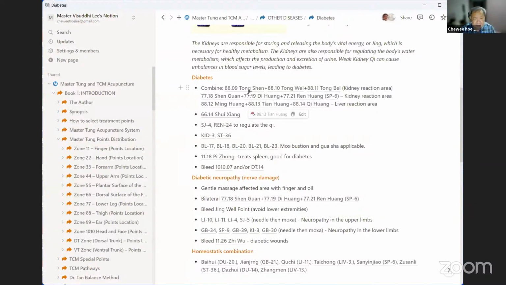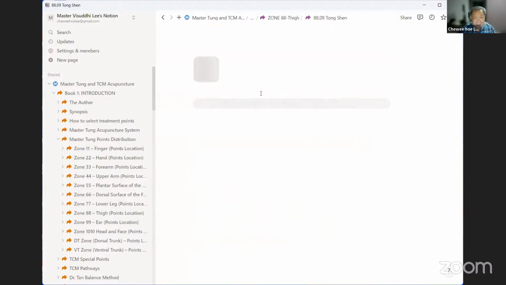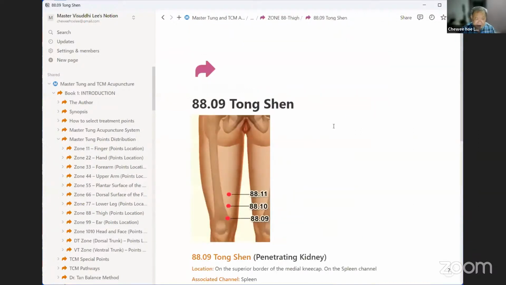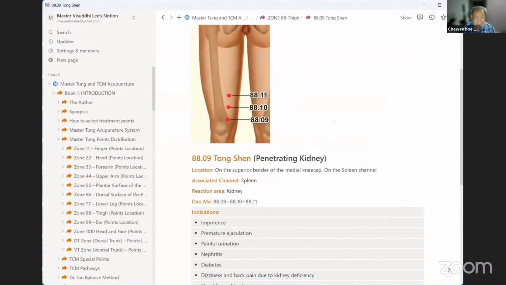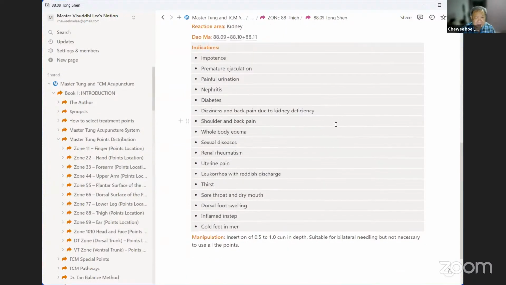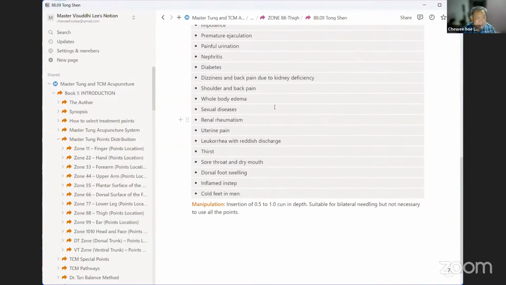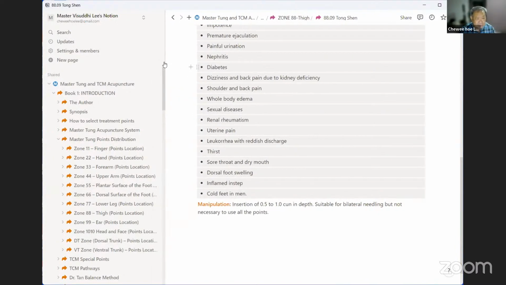But in the digital book, you merely click 8809, and you have 8809. So it is quite obvious the benefit of having a digital book.